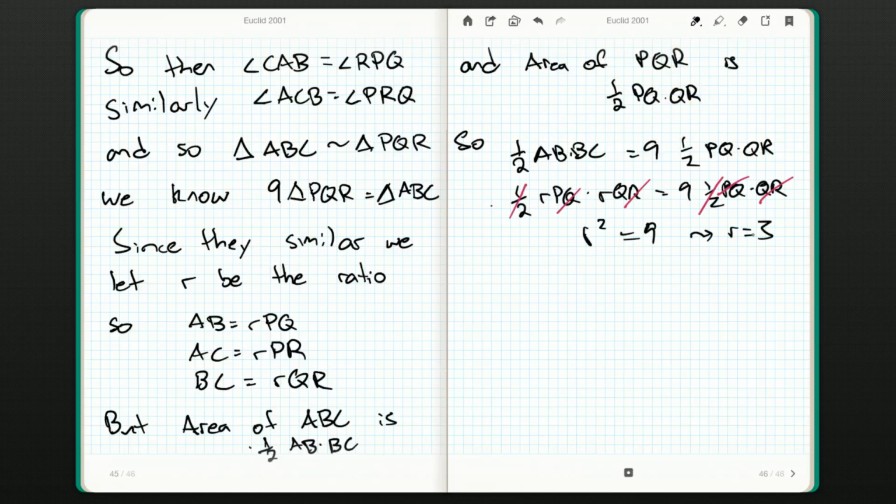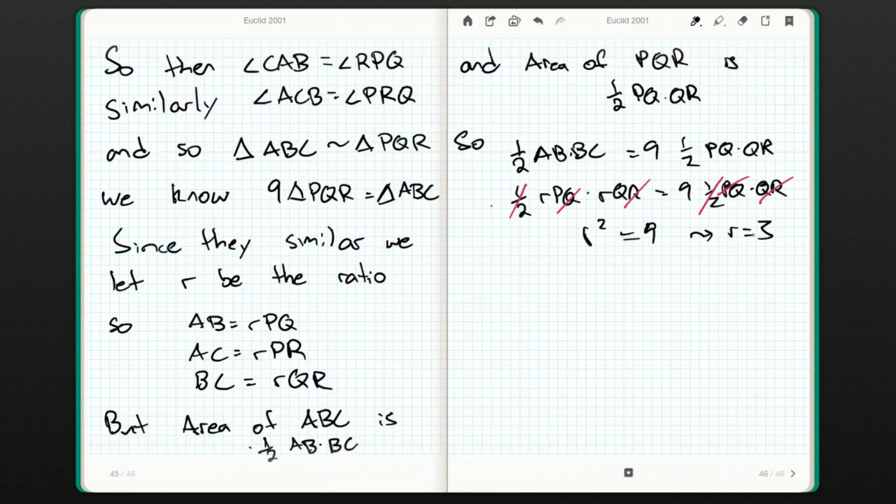Okay? We could have seen this another way, just by realizing that 9 is 3 squared. If you triple the lengths of an object, you multiply the area by 9. If you triple the length of an object, you multiply the volume by 27.